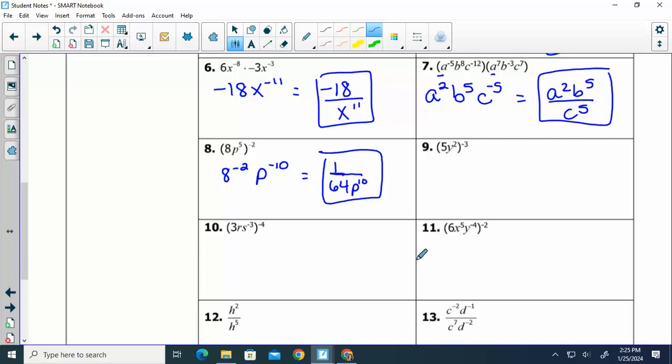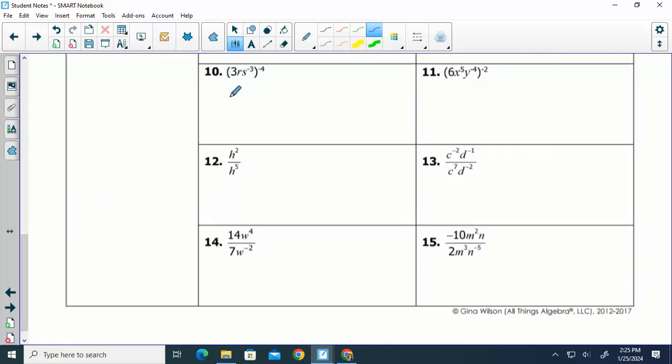Alright, number 10. If I take that exponent to everything, I would have a 3 to the negative 4, r to the negative 4, s to the positive 12.